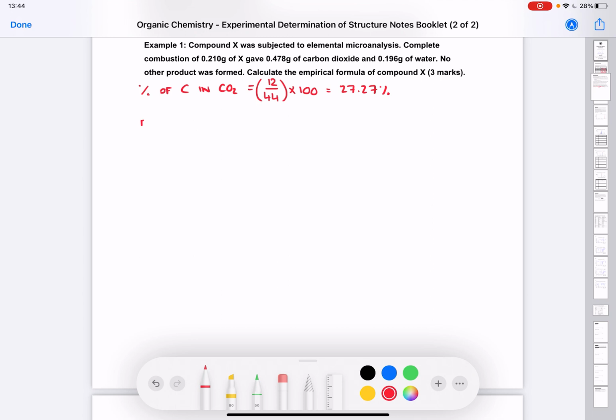So the mass of carbon in 0.478 grams of CO2 is going to be equal to, so I'm going to take 27.27% and convert it into a decimal, so that's 0.2727, and then we're going to multiply that by the mass of carbon dioxide, 0.4785 grams, which is going to give me 0.2727 multiplied by 478, which gives me 0.130.